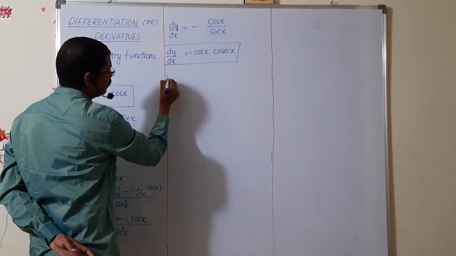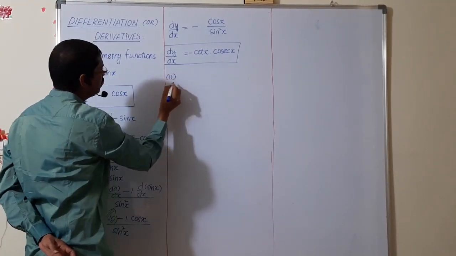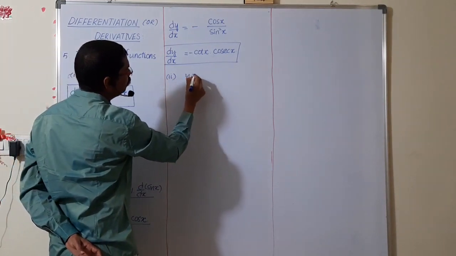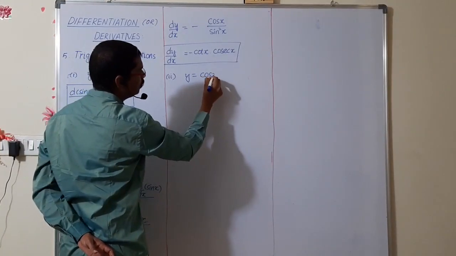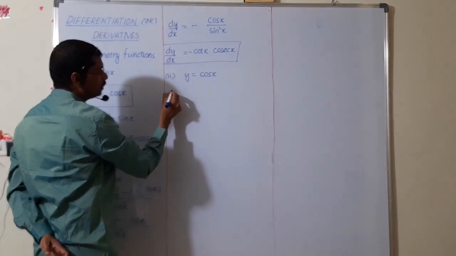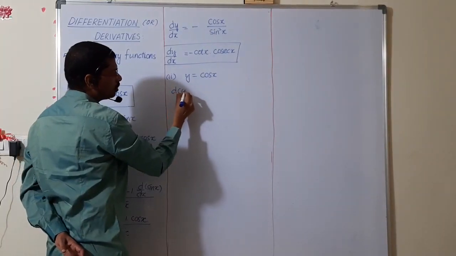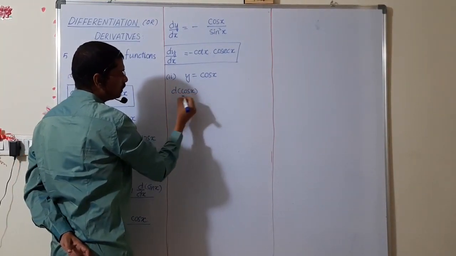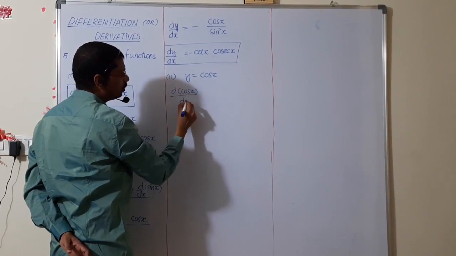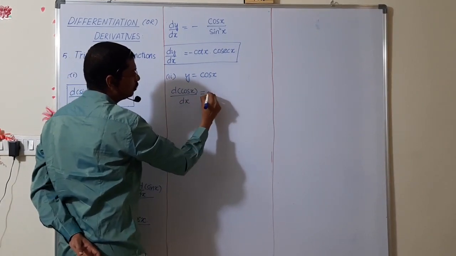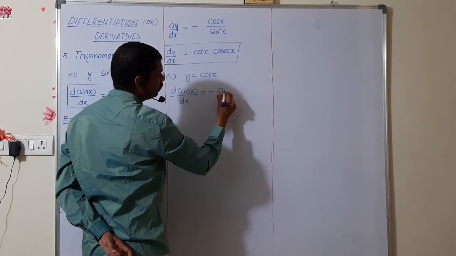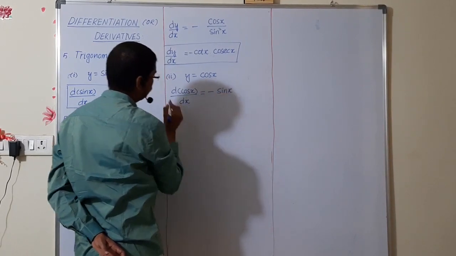Now the second trigonometry ratio, that is y equals cos x. Now d cos x upon dx is equal to minus sin x.